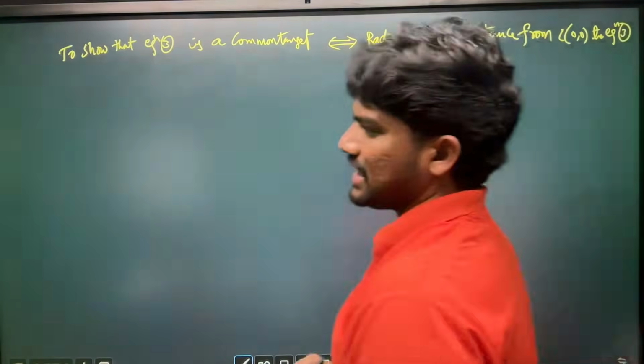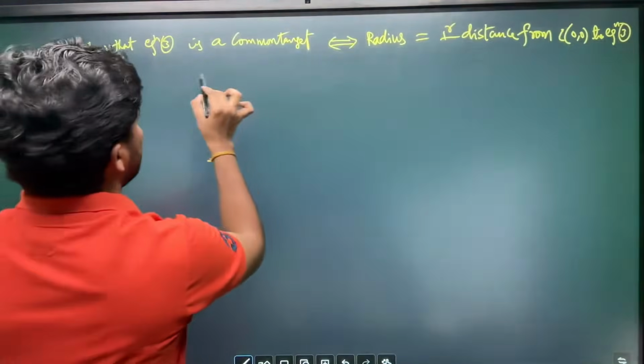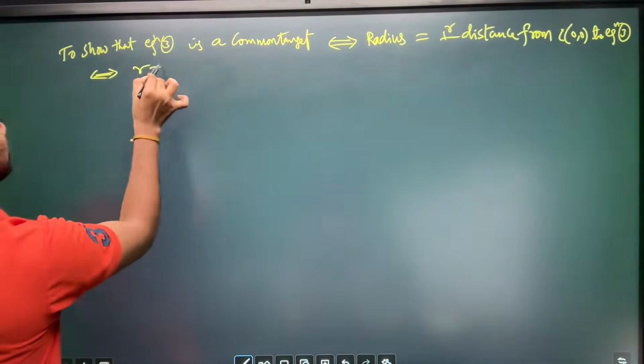Okay, so that is the condition. That is, we have to prove r is equal to d. If and only if, what we have to prove: small r is equal to d.